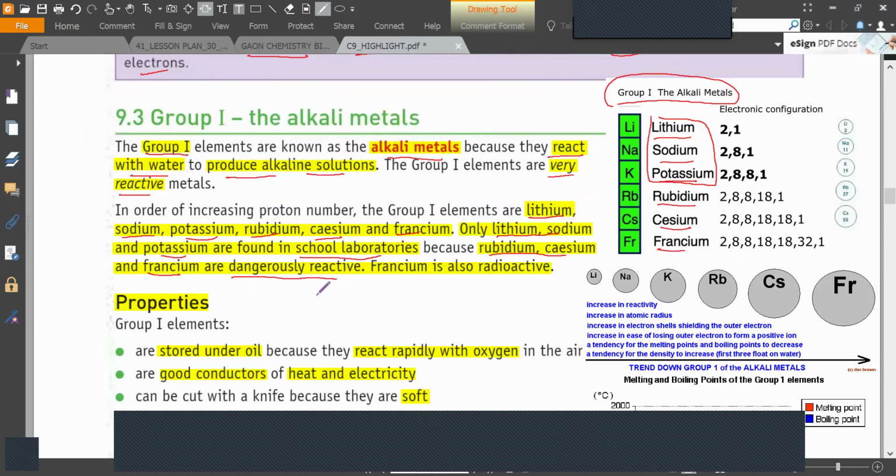They are too dangerous, so we don't keep them in the school lab. Francium is also radioactive, so they are not safe.